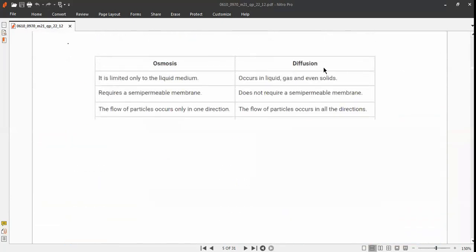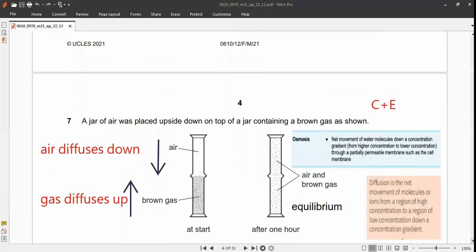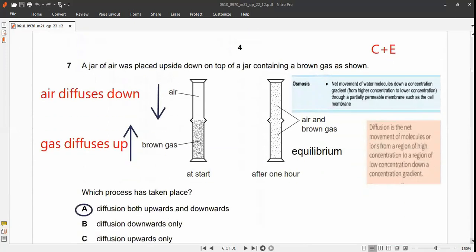Osmosis is limited only to the liquid medium, but diffusion occurs in liquids, gases and solids. Osmosis requires a semi-permeable membrane. Diffusion does not require a semi-permeable membrane, only movement from higher concentration to lower concentration. In osmosis the flow of particles occurs only in one direction, but in diffusion the flow of particles occurs in all directions, up and down.